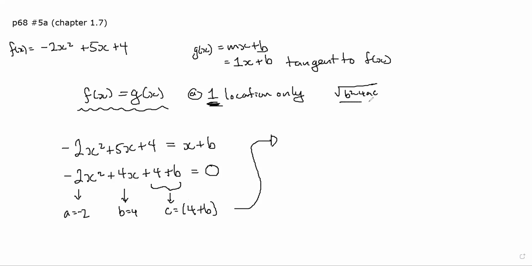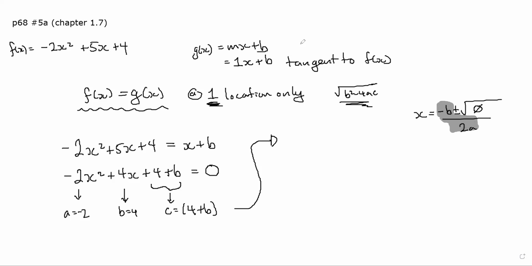Let's apply that to our discriminant. Remember, there's only going to be one point of intersection, so when we do x equals negative b plus or minus the square root of b squared minus 4ac, over 2a, the portion underneath the square root has to be 0, so that our negative b over 2a gives us only a single value.